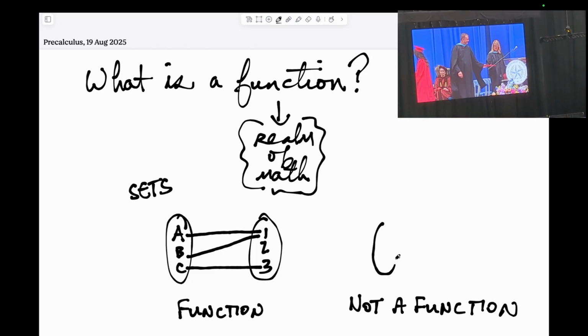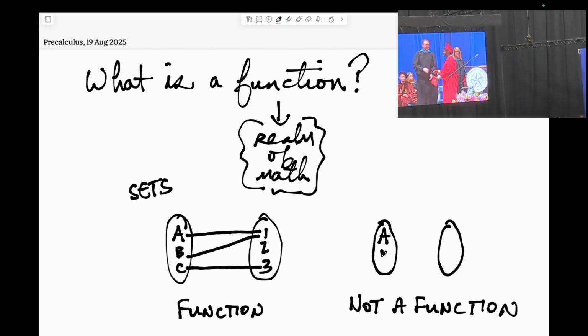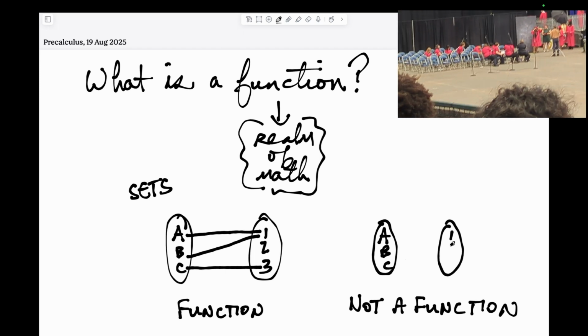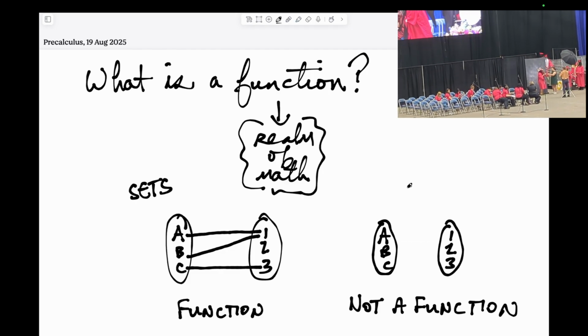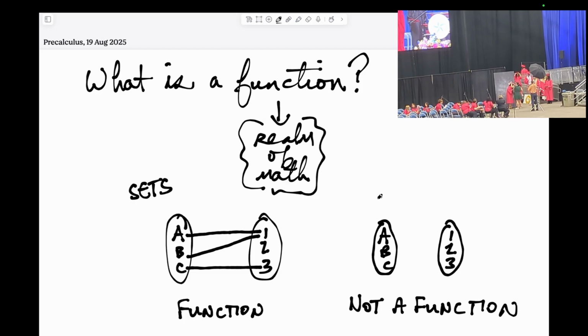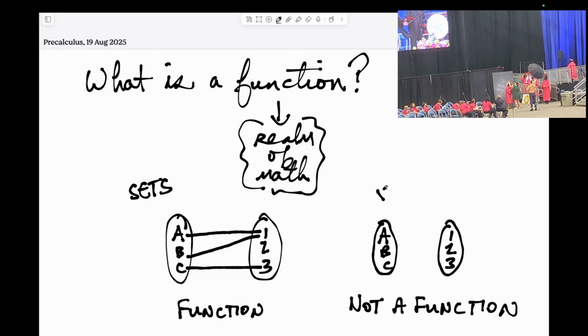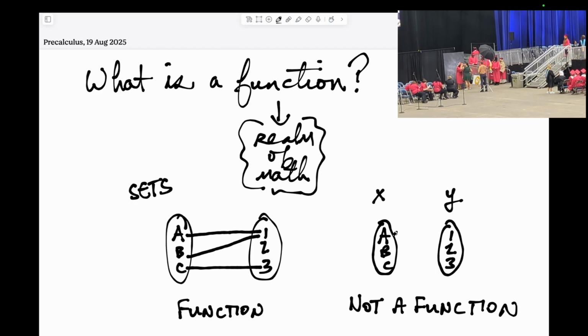Using our set picture, again, we'll use A, B, and C with 1, 2, and 3. So these two sets, in the future, and what we've seen is that one set will be X and the other set is Y. If I put in A, I get out, etc.